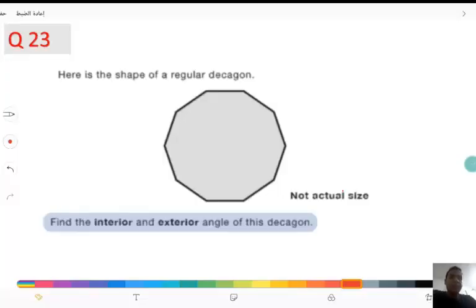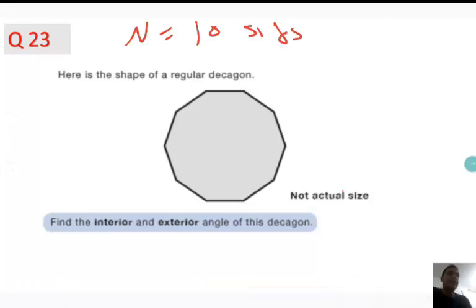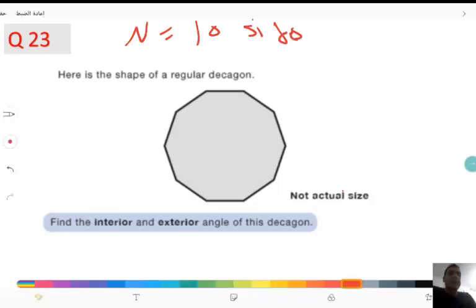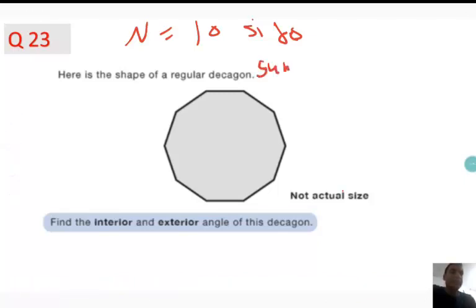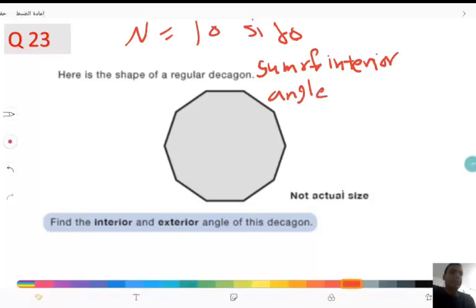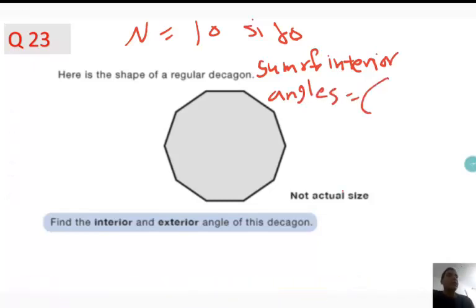Here is the shape of a regular decagon. Find the interior and exterior angle of this decagon. The number of sides of a decagon is 10. We have a law to find the sum of the interior angles: sum of interior angles equals 180 multiplied by the number of sides minus 2, which is 10 minus 2.